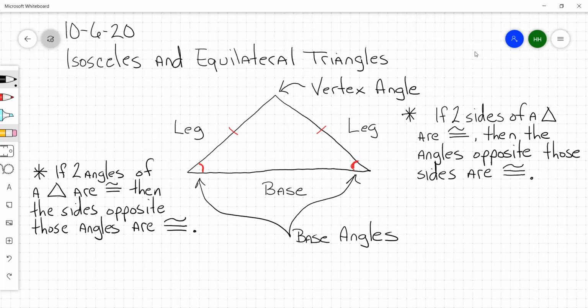So two real important rules about isosceles triangles. If two sides are congruent, then the angles opposite those sides are also congruent. And if any two angles in a triangle are congruent, then the sides opposite of those are congruent.